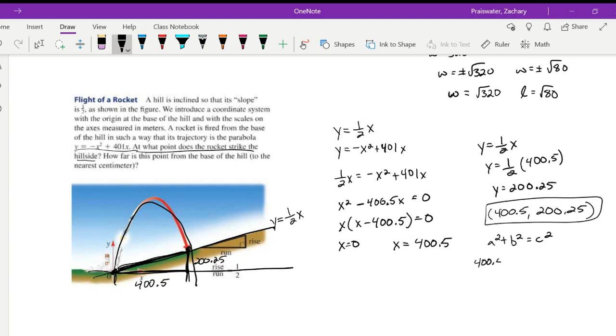So 400.5 squared plus 200.25 squared, and then take the square root of that, and that's something you can type in your calculator all at once. To get a distance of 448. Okay, there's your 3 distances. Please reach out if you have any questions.